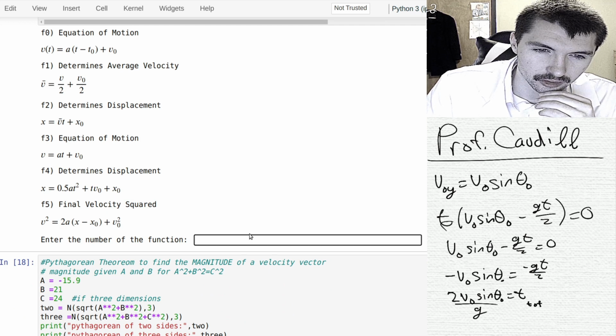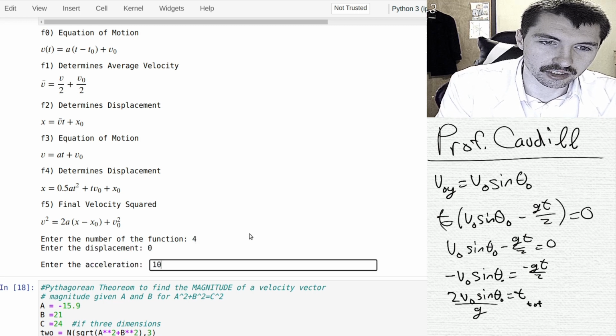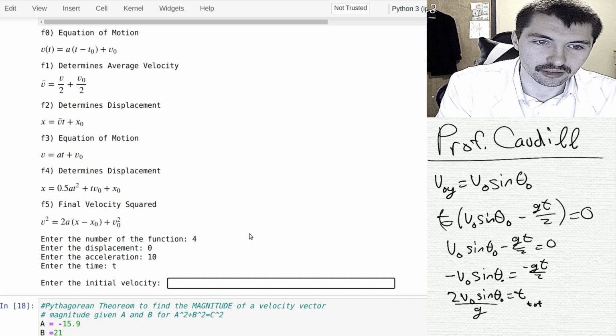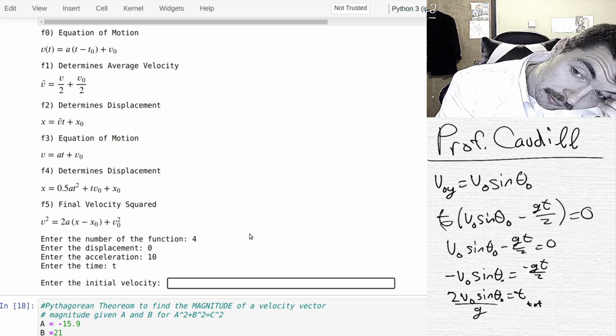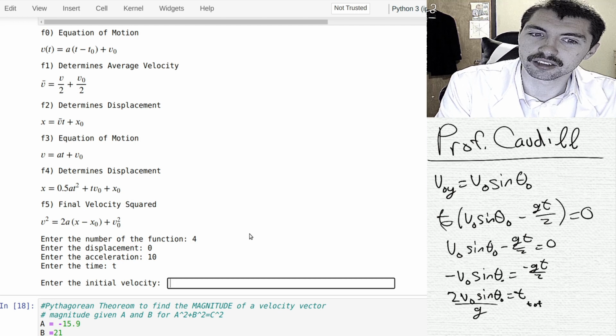So I wonder, for example, let's say it's accelerating at 10 meters per second squared, and we want to solve for time of flight. Let's say the initial velocity is 30 meters per second.